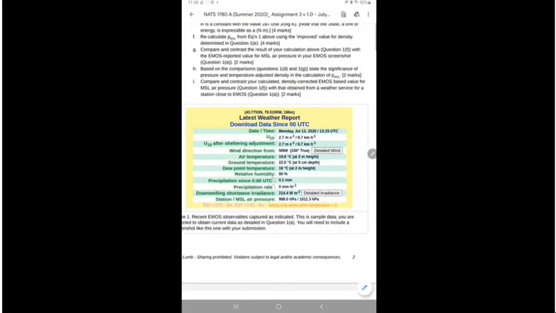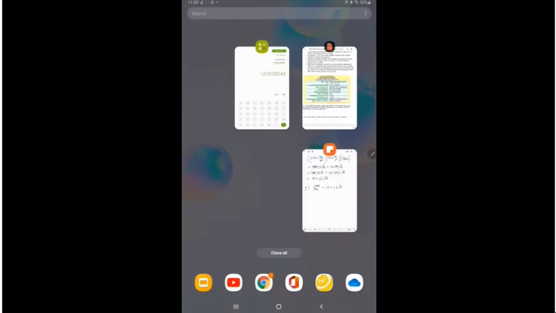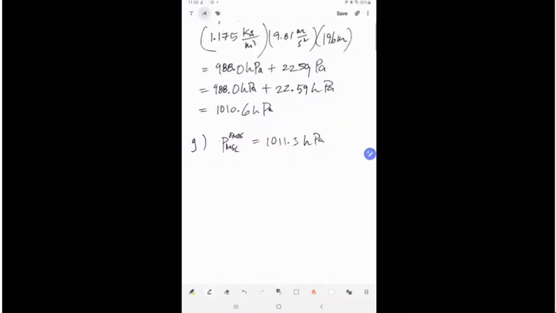Yep, 1011.3 hectopascals, and the value that we just obtained, MSL pressure for 1F, is 1010.6 hectopascals.